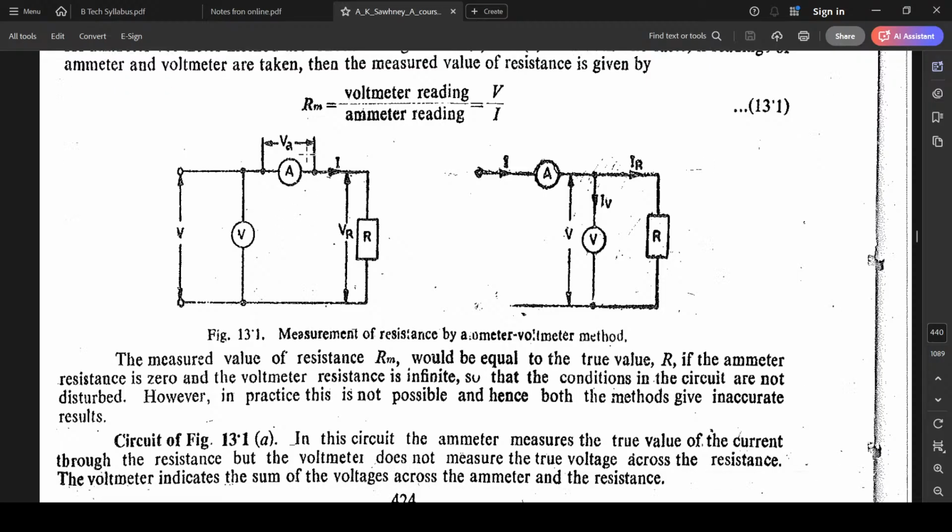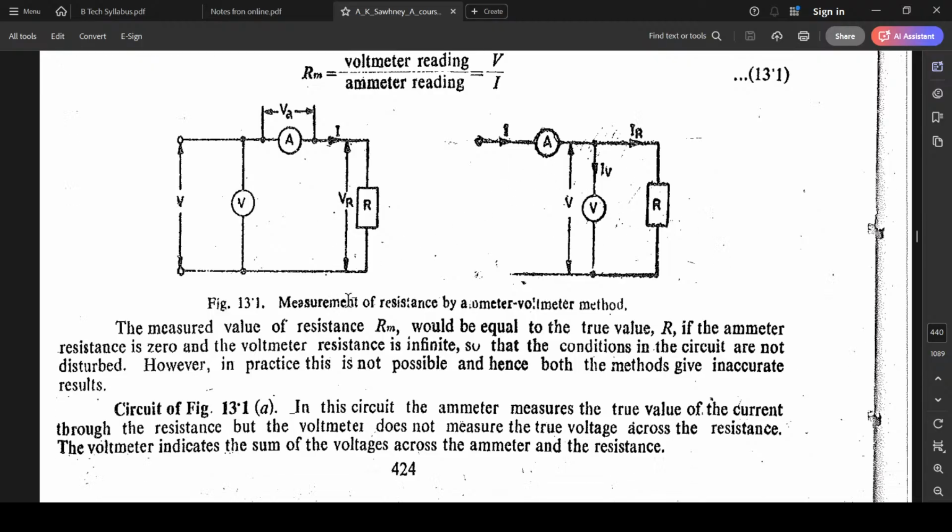Oh no, wait a minute. Okay. The R is connected in series with A, the load, and here the R is connected in parallel. Okay, got it.